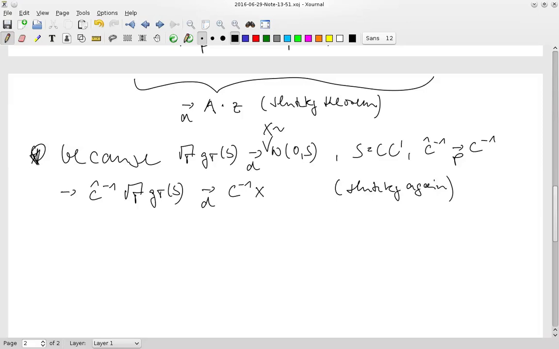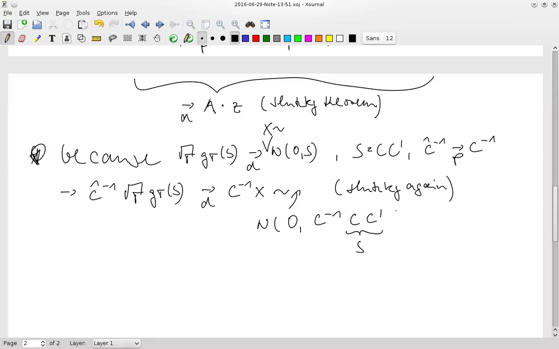And to figure out what the distribution is, it's a linear combination of normal variates, so the distribution is going to be normal. The mean is not changed. The variance covariance matrix is then C to the minus 1, times the variance covariance matrix of X, which is S, that is C C prime, and then the inverse transposed of C to the minus 1.